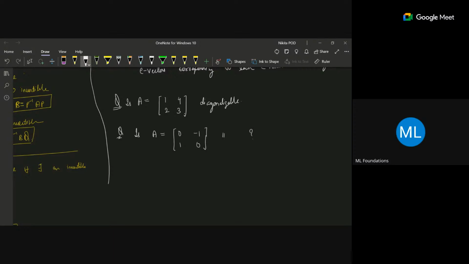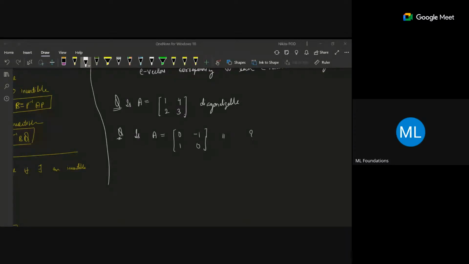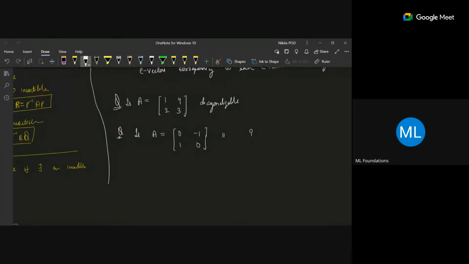Can you find what is the eigenvalue? Lambda square is coming out to be minus 1, so lambda is plus or minus i.